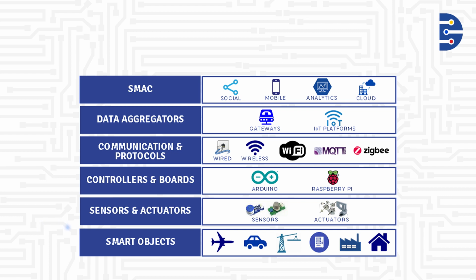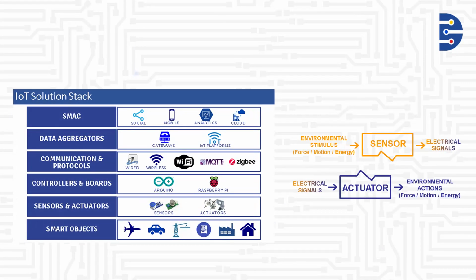The first layer is the real world objects, which will have sensors and actuators. The second layer is of sensors and actuators. Now, what are sensors and actuators? Both are transducers, that is, they convert energy from one form to another.